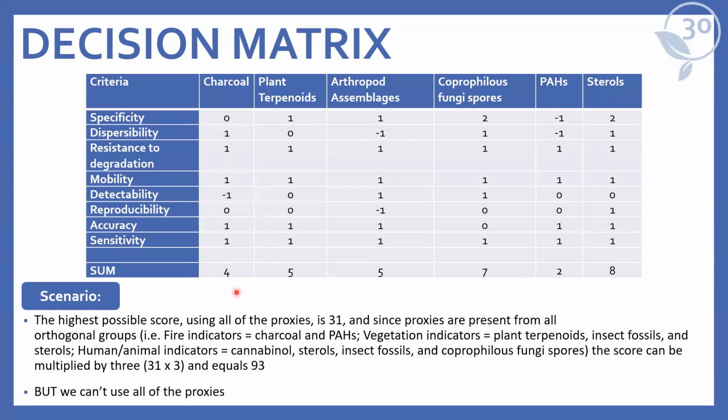So then we have the sum. We go through this process for every proxy, considering the culture that we're analyzing, and we can generate a proxy score for each of these.